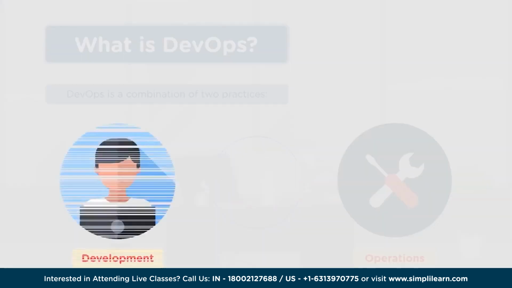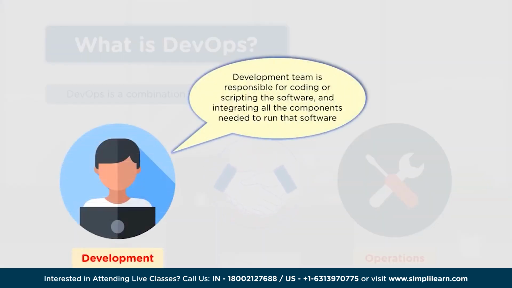Now, development keeps on working on the source code, and they are responsible for keeping a particular product up and running. So they do the coding, and they do the interaction with testing to validate their source code.